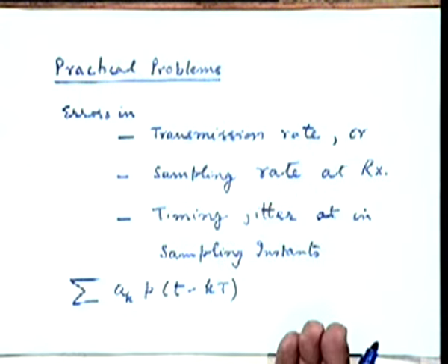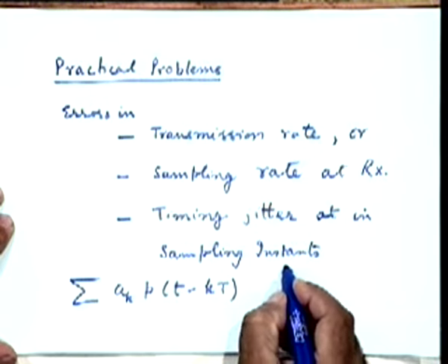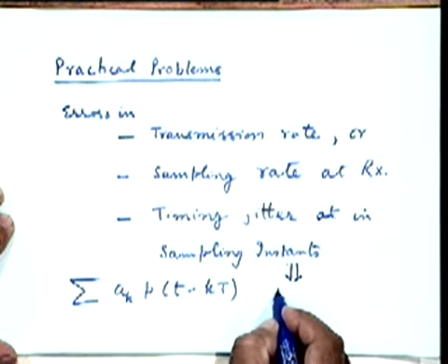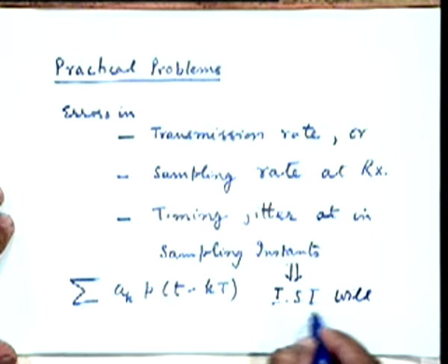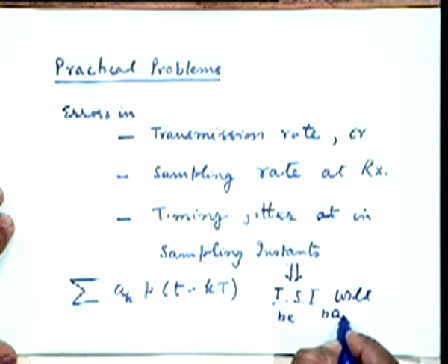And they will again introduce intersymbol interference. So the net effect is that in any of these situations ISI will be back. Intersymbol interference will reappear because of this problem.